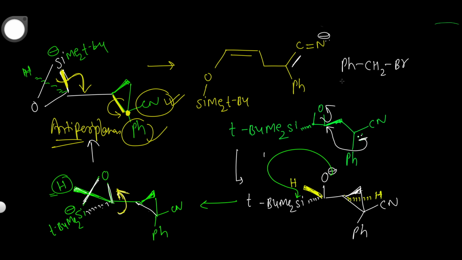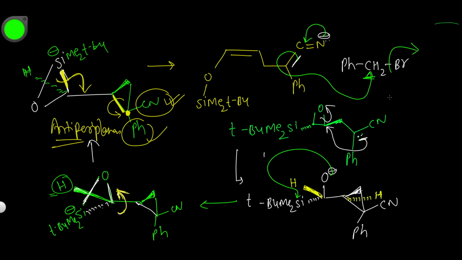Okay, but in the second step we also have a reagent here, PhCH2Br. Now we also know that carbon is a better nucleophile, so the attack on this CH2 will be from the carbon. So this nitrogen negative charge will come back, and then this double bond will attack the CH2 and the Br will leave, right?